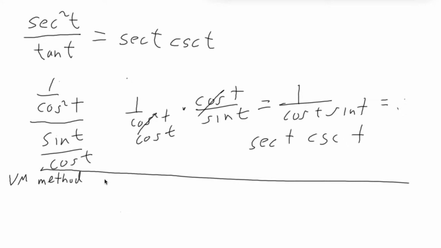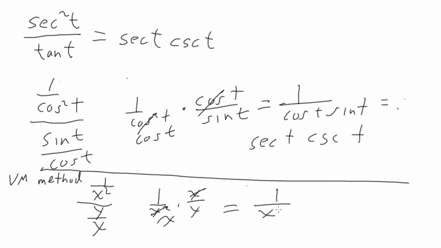So with the Vedic method, secant squared t will be 1 over x squared, the reciprocal for cosine. And tan will be y over x. Once again, we're going to invert and multiply: x over y. Cancel. And we have, basically, let me put an x there, and you're already finished.